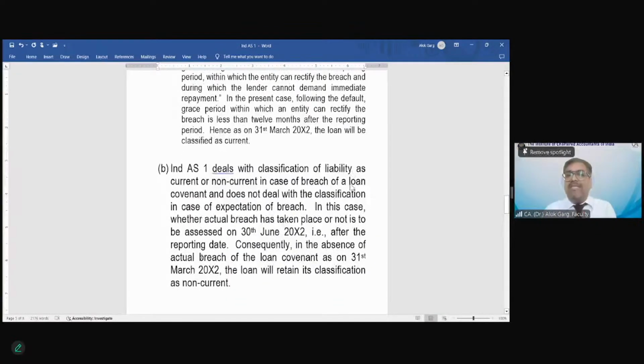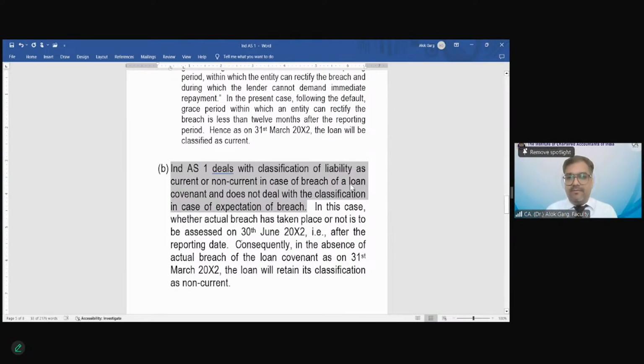Ind AS 1 deals with the classification of liability as current or non-current in case of breach of a loan covenant, and does not deal with the classification in case of expectation of breach. You cannot say that I am expecting this breach will happen on 30th June. The breach has not yet happened.